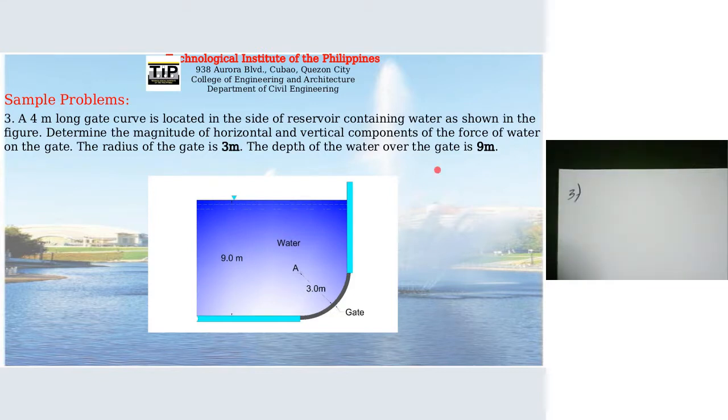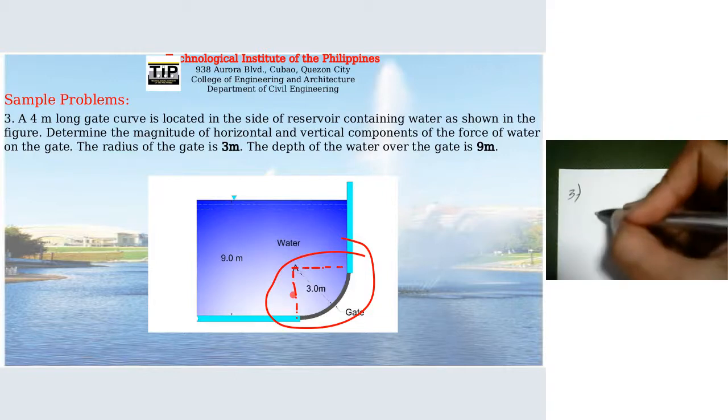Okay, so to start, we can first draw the free body diagram for this problem. We'll divide the figure into sections. So we have this quarter circle.